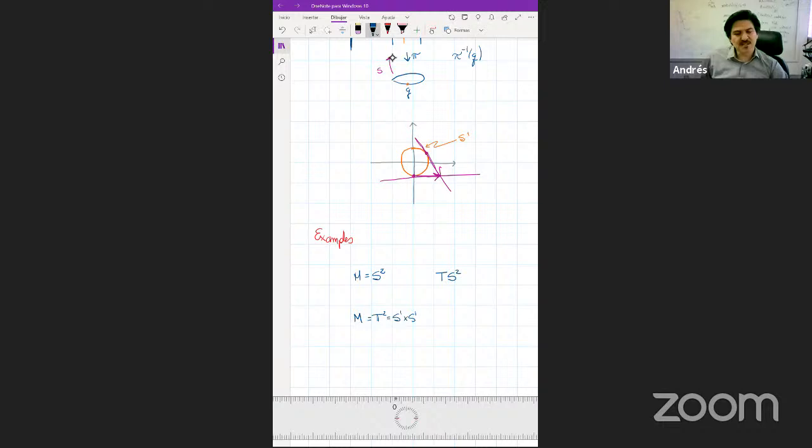So any torus is a Lie group. So this is trivial. For the sphere, this is not true. But so far, we don't have the tools to show you that.